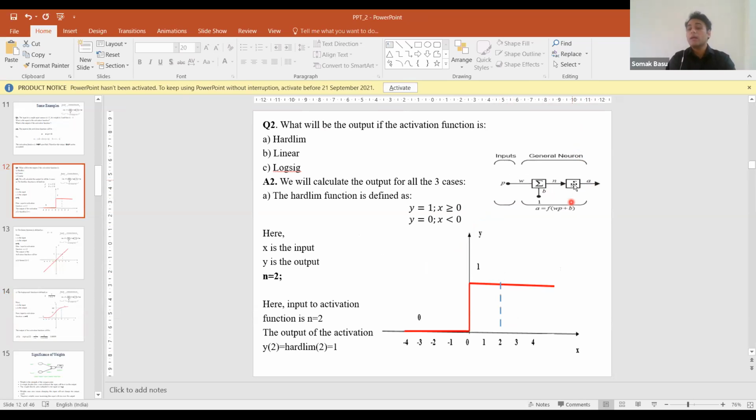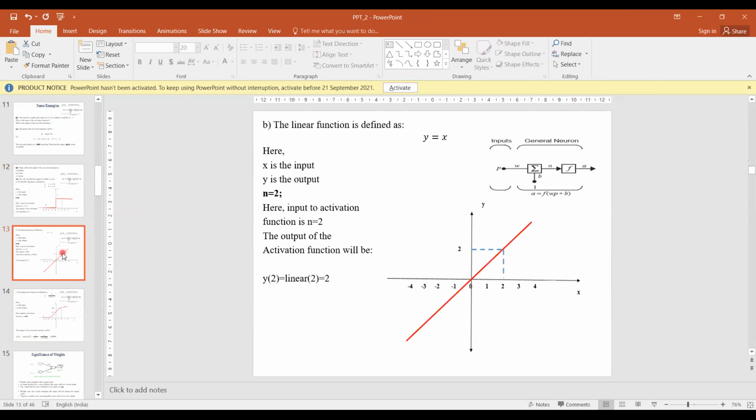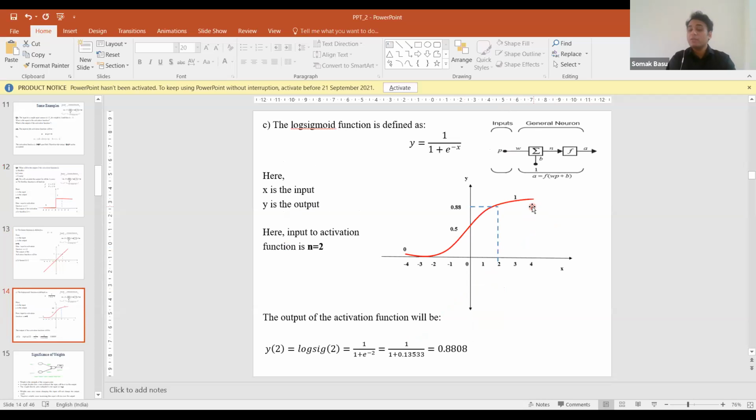In case the activation function is a linear function, the output would be 2, because whatever is the input is equal to the output. In case the activation function is a log sigmoid function, the value of the output, if the input to the activation function is 2, is 0.8808. I have just calculated it for you, right?